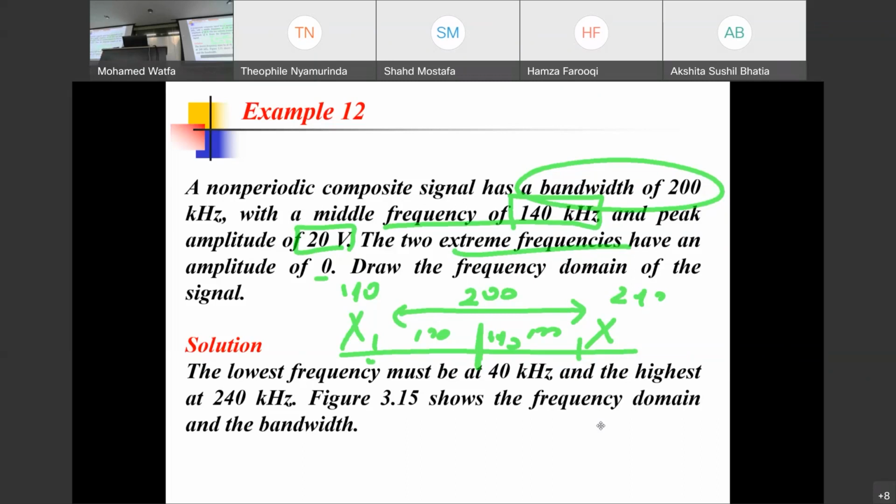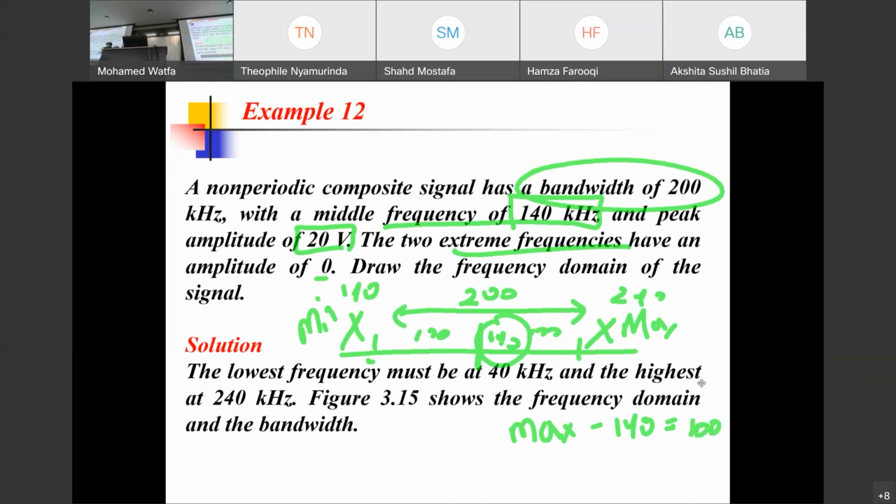Let's call this max and let's call this min. Max minus the midpoint, 140, should be equal to 100. Why 100? Because it's half of the bandwidth.